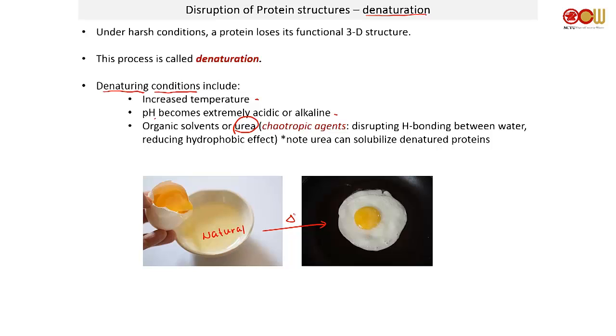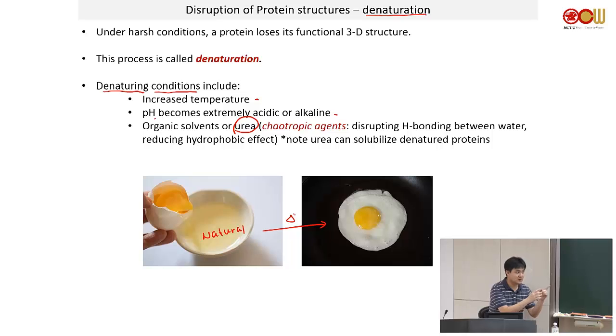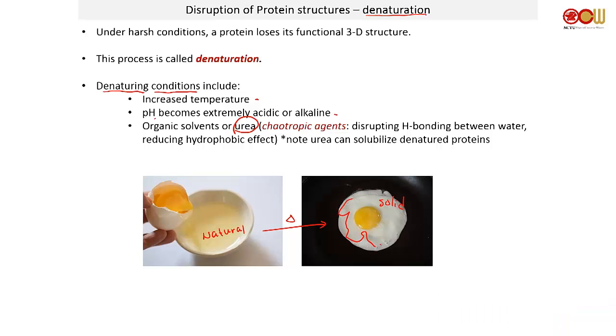Because the 3D structure of your soluble protein is destroyed, and then your proteins start to form aggregates and it becomes essentially solid. So this is a process called denaturation, right? So you can actually take the egg white, the egg white here, and then you take it out, right?